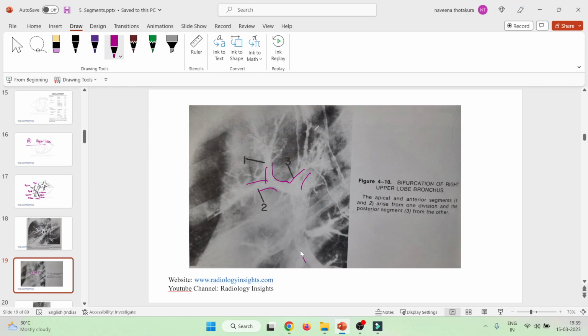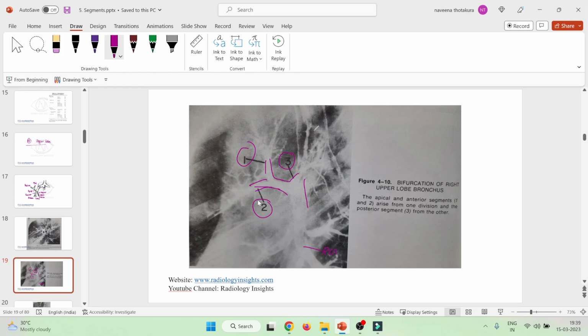This is the right upper lobe bronchus. It divides into two parts, one part and the second part. The second part is giving the third, which is nothing but the posterior segment, whereas the first division is giving two parts: the apical segment, which it is supplying, and this one is the apical segment, two is the anterior segment.